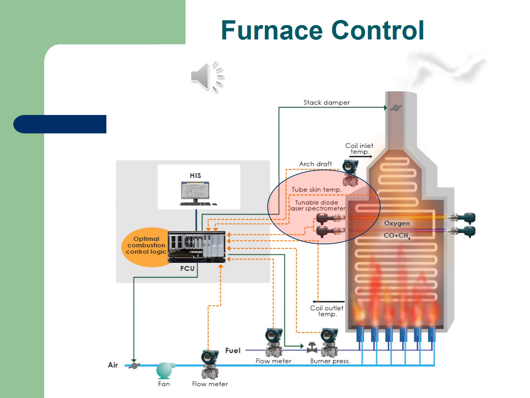And again, as on the last slide of the previous control structure, you could see that there were analyzers. Over here there's a tunable diode laser spectrometer. In other words, it can analyze the content of the oxygen and so forth, and also the carbon dioxide and all of that inside the flue gases.